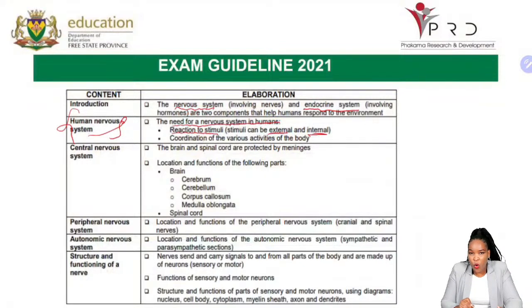You must be able to know how humans respond. Then you must also know the coordination of the various activities in the body. How are the various activities coordinated in the body? If you know all this one bullet with these sub-bullets, then you can say you have covered this topic. That's how you check yourself against the exam guideline. That is how you use the exam guideline.